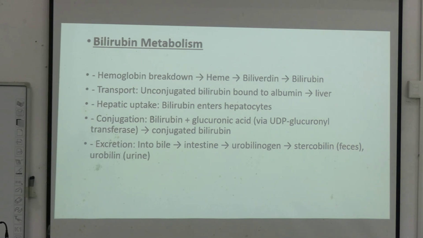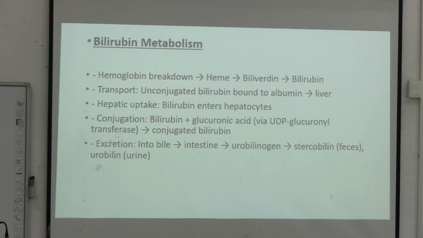Now the bilirubin metabolism. Hemoglobin has one portion that is heme and another that is globin, but here we are concerned about heme. From heme, biliverdin to bilirubin, then unconjugated bilirubin bound to albumin, then to the liver, that is called hepatic uptake.